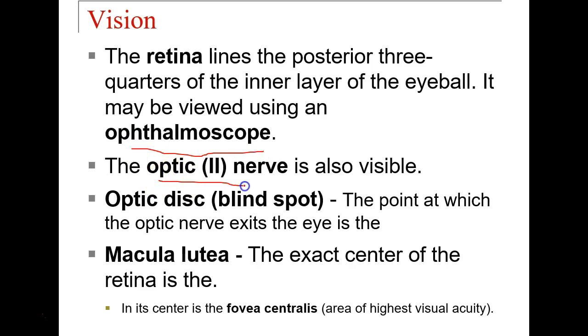The optic nerve is also visible. The optic disc is where the optic nerve begins. It is also known as a blind spot because we have no photoreceptors here. The macula lutea is the exact center of the retina. In its center is the fovea centralis, where we find the highest visual acuity.